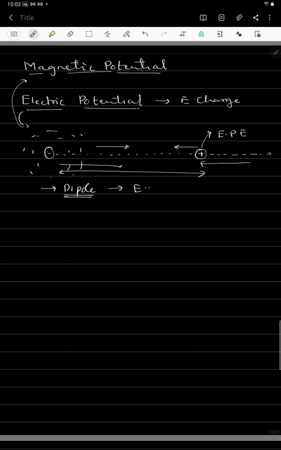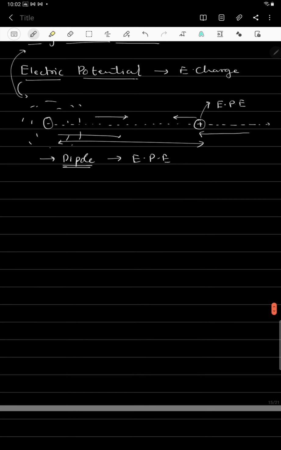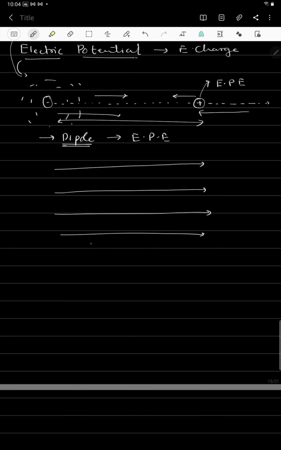So how will you get the electric potential energy for the electrostatic field? If two charges are placed in an electric field, then what will happen?